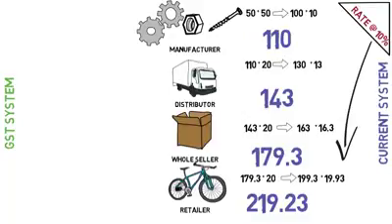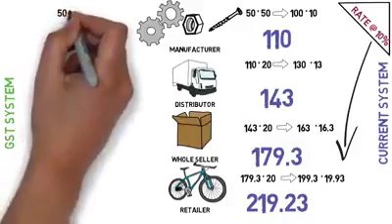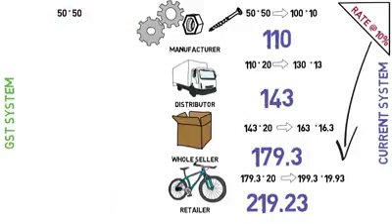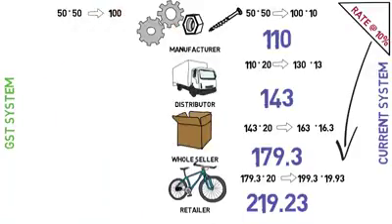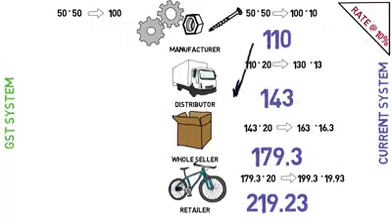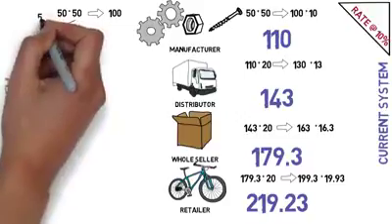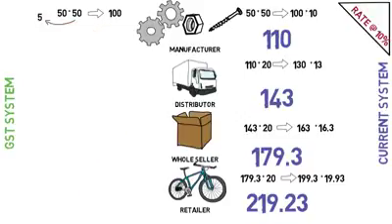Now we will take the same example in the GST system. Raw material of 50 rupees and the manufacturing value of rupees 50 make the product 100 rupees. But this time, the manufacturer has to pay taxes on the value added by him, which is rupees 50. So he pays 10% of 50, which is 5, as tax from his profit.